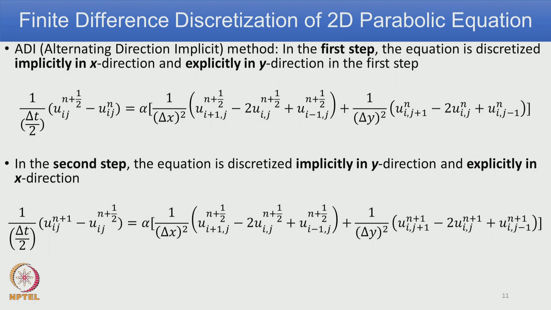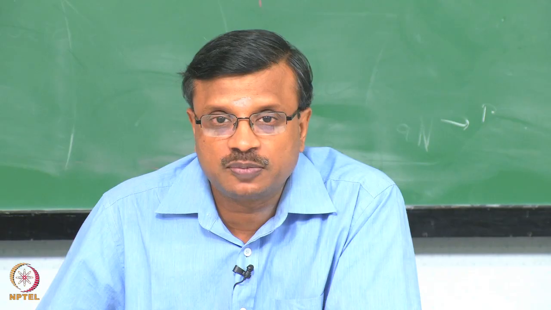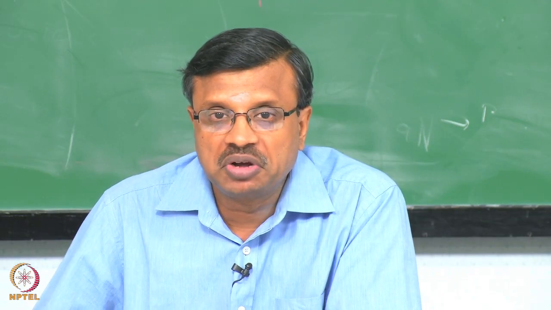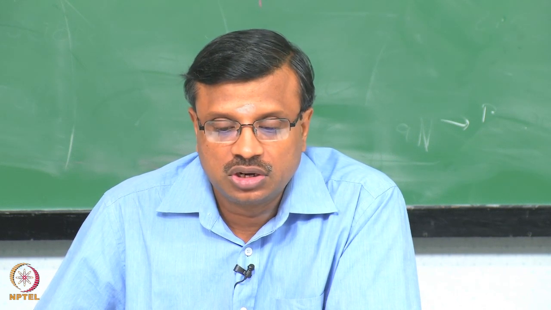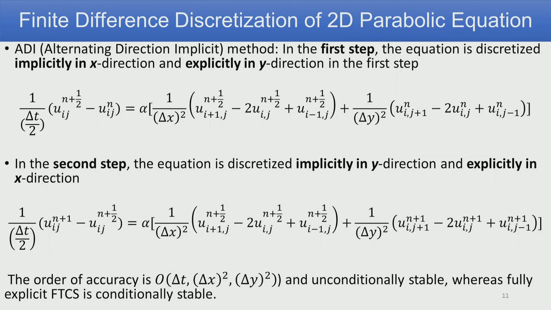So, the same equation is split. In the first step, it is implicit in x direction, explicit in y direction. In the second step, we switch the direction, it becomes implicit in y direction and explicit in x direction. Now, if you look at the order of accuracy, it is delta t, del x squared and del y squared, and it is unconditionally stable, whereas fully explicit forward in time, central in space is still conditionally stable.